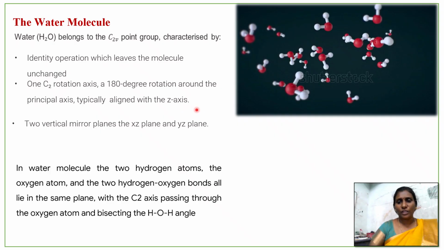You can observe the movement of the water molecule in the video. Two vertical mirror planes, the xz plane and the yz plane. In the water molecule, the two hydrogen atoms, the oxygen atom and the two hydrogen-oxygen bonds all lie in the same plane, with the C2 axis passing through the oxygen atom and bisecting the HOH angle.